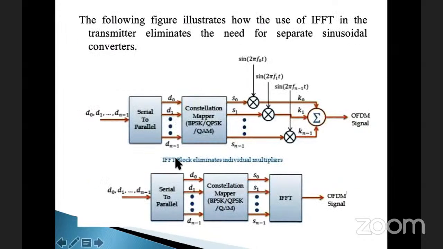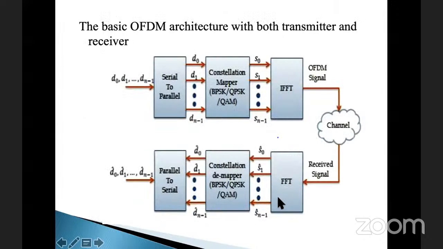So the same constellation diagram we have seen earlier, a block which eliminates the generation of multiple carriers, that is sine of f naught, f1 and f of n minus 1 and so on, can be simply replaced with an IFFT block at the transmitting end. Similarly, at the receiving end, I can use an FFT block.